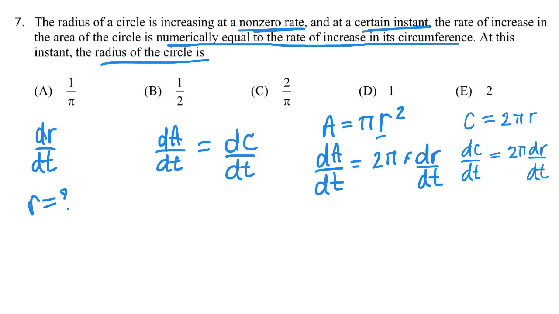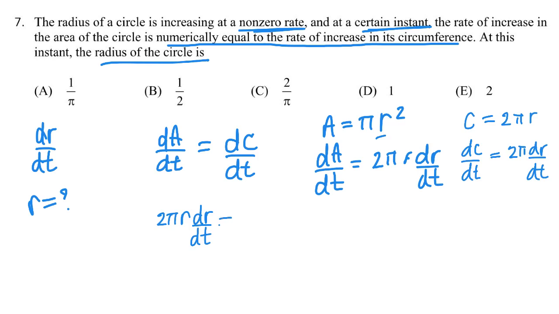So now it looks like we might have some kind of relationship here that we can put together. We know dA/dt is equal to 2 pi r dr/dt.